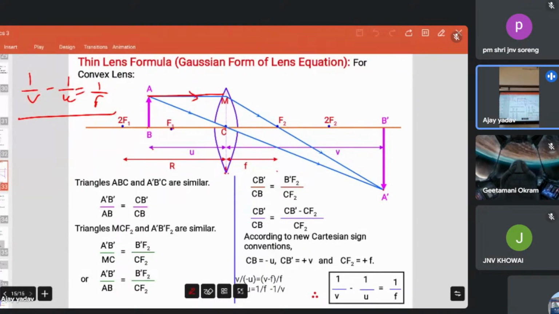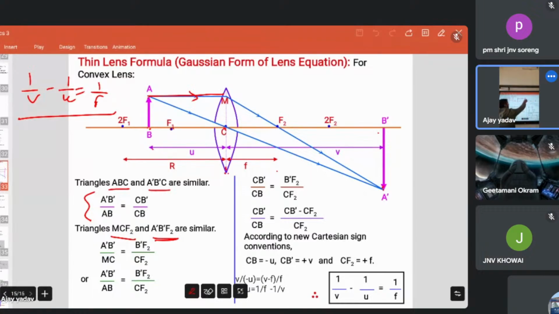Similarly, we will take two similar triangles like we did in the mirror formula yesterday. One triangle is ABC and A dash B dash C, where AB is the object, C is the optical center, and A dash B dash is the image. So we can write this for these similar triangles. Similarly, we take two triangles MCF2 and A dash B dash F2.